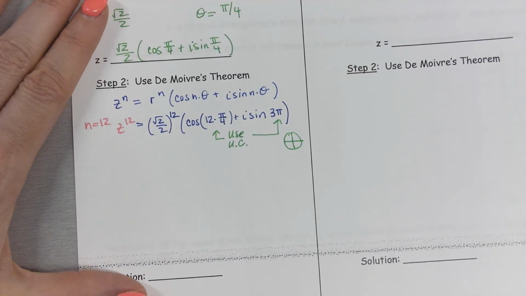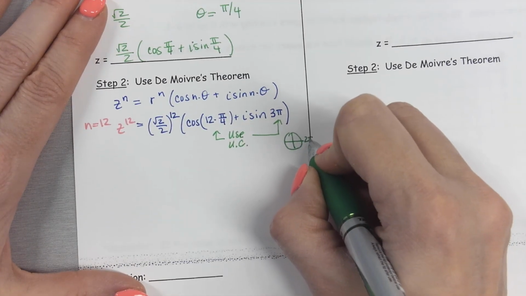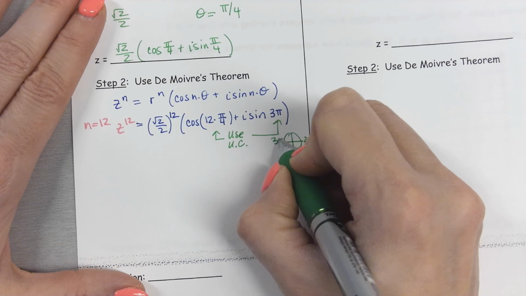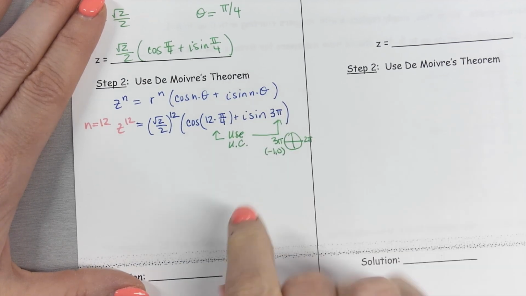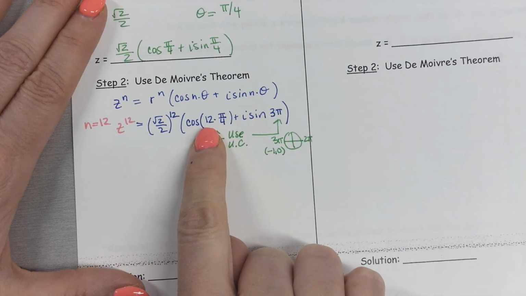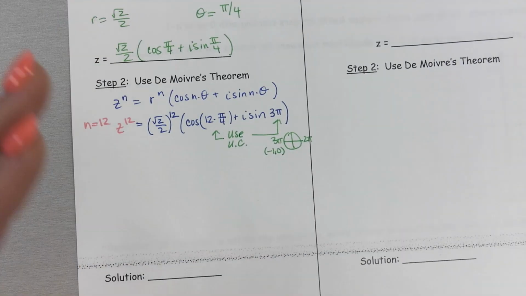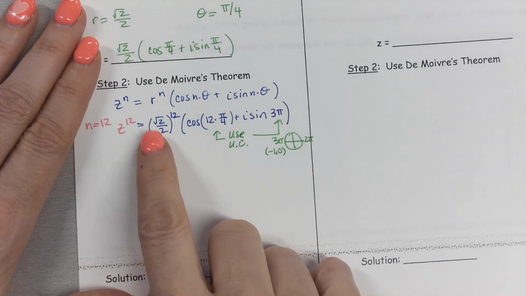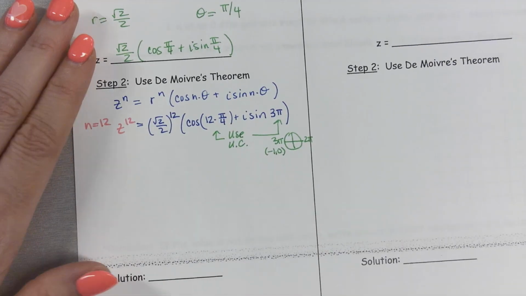You don't have to. Okay, so we know that this is 2 pi, so 3 pi is the same place as what? Pi. Okay, so you have -1, 0. -1 is x, so that's going to correlate to cosine, and then your y is going to correlate to your sine.